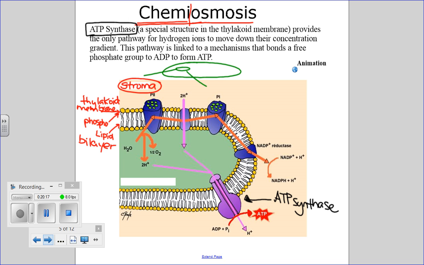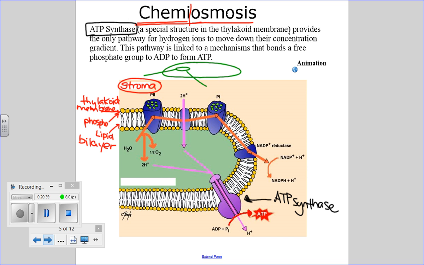So if I look at the name of that structure, it's telling me this thing synthesizes ATP. That's exactly what its name refers to. So it is a special structure, like it says, that is in the thylakoid membrane. And you can see it spans across the whole thylakoid.